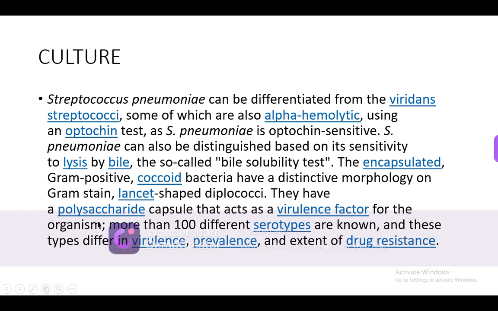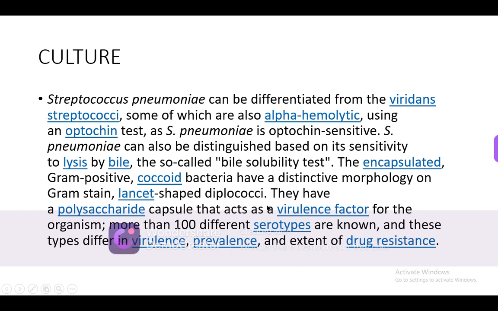They have a polysaccharide capsule that acts as a virulence factor. The capsulated organisms are virulent organisms, always remember, whether they are Haemophilus, meningococcus, or pneumococci. The virulence factor is polysaccharide, and it can only be checked by the spleen.